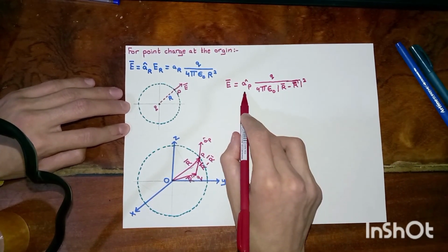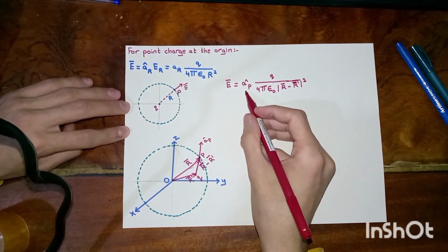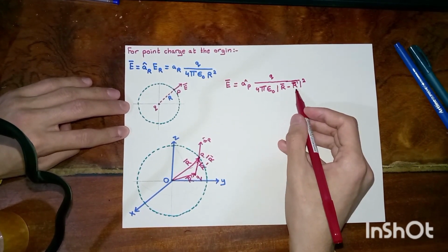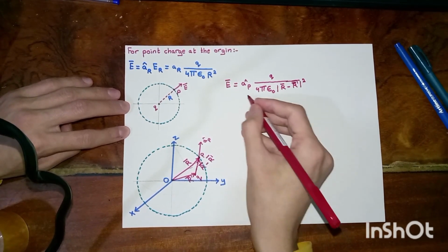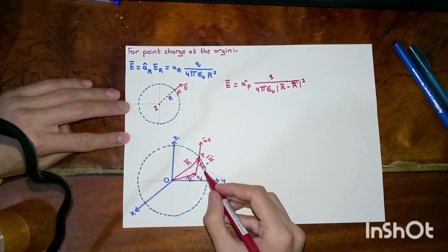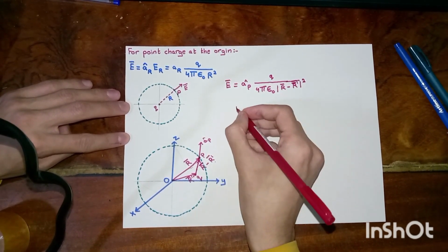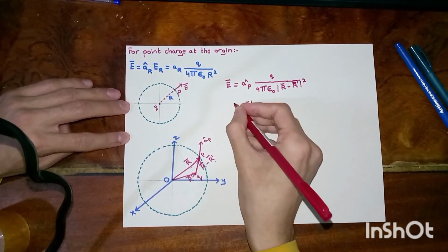Anyways, let's make another adjustment on this equation and write it using only the r and r primed vectors. Let's look at this vector, r minus r primed.